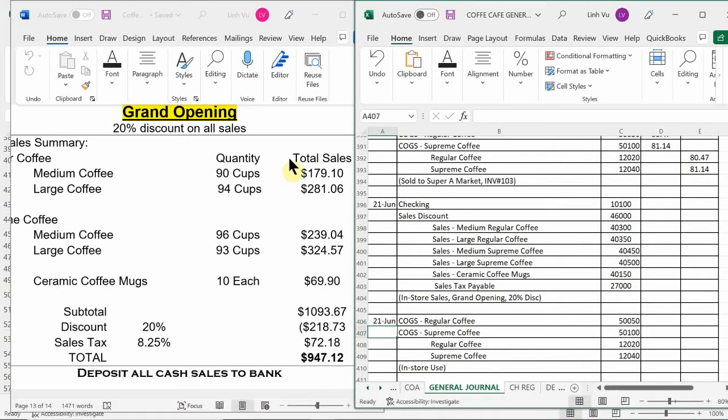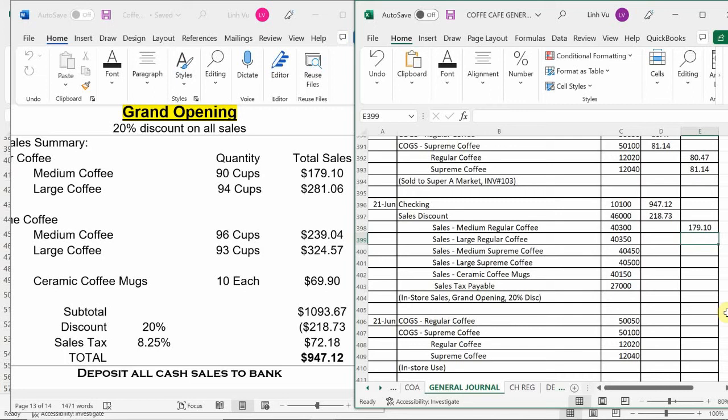Okay. Starting with the first one, how much money did I collect? 947.12. How much was my discount? 218.73. How much was my sales for medium regular coffee? 179.10.